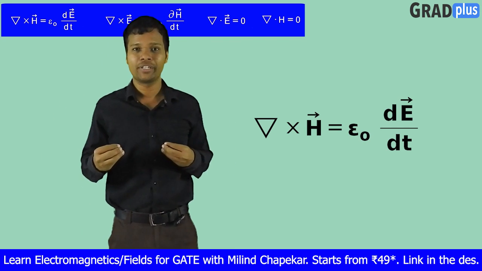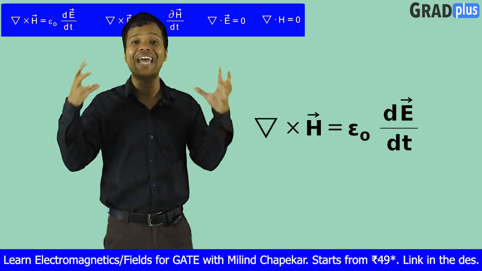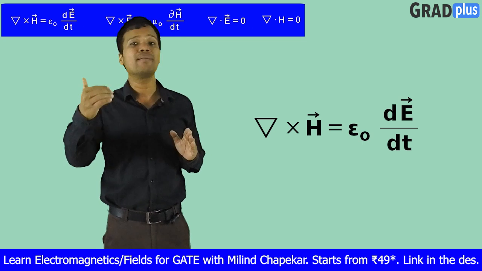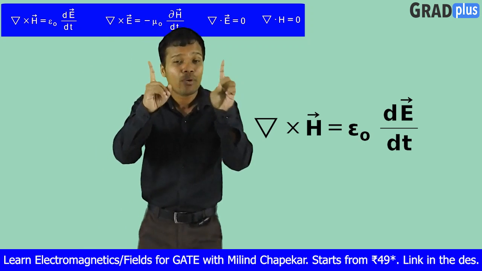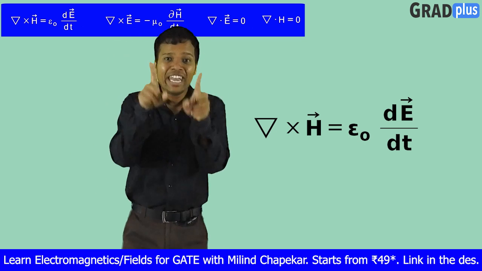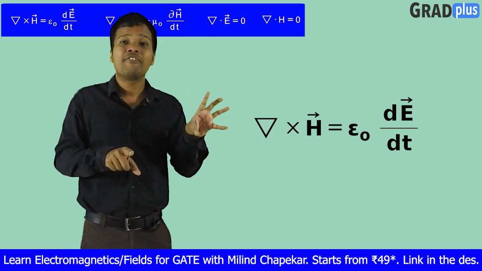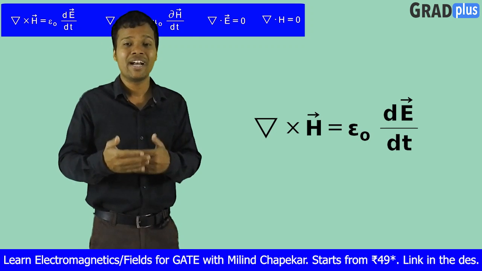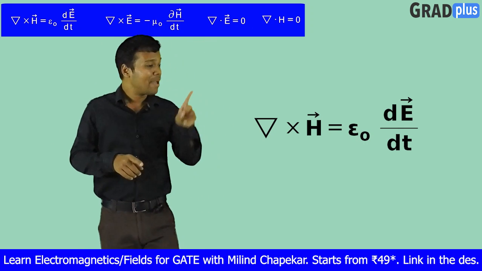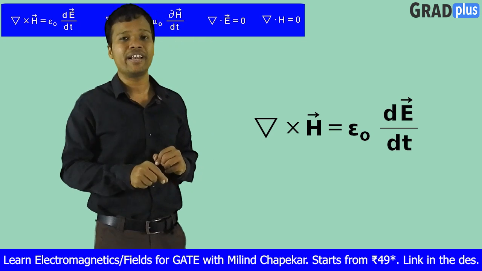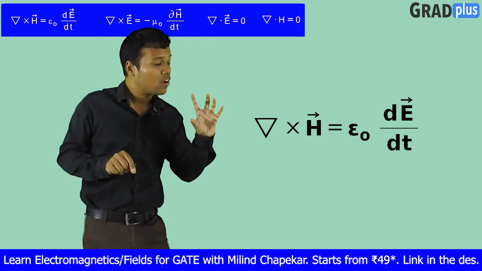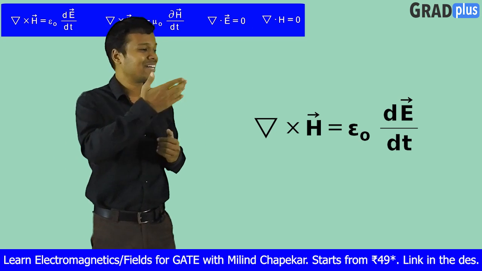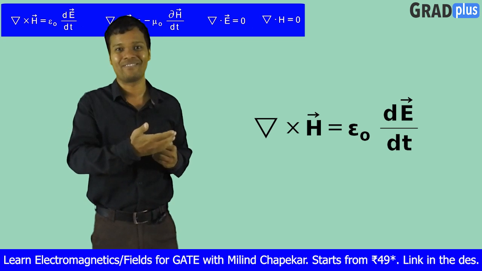Del cross H equal to epsilon 0 times del E by del T. Curl of H equal to epsilon times time derivative of E. So my dear, this equation is telling me that if at any point electric field is present and that electric field is time varying, it is a function of time, then at that same point magnetic field H must also be present such that the curl of that H would be given as epsilon 0 or epsilon times del E by del T, time derivative of E. Yes or no?